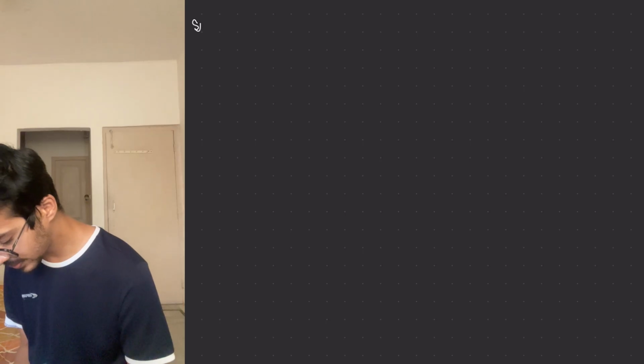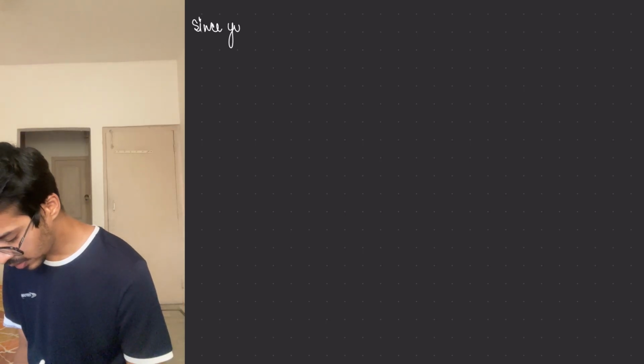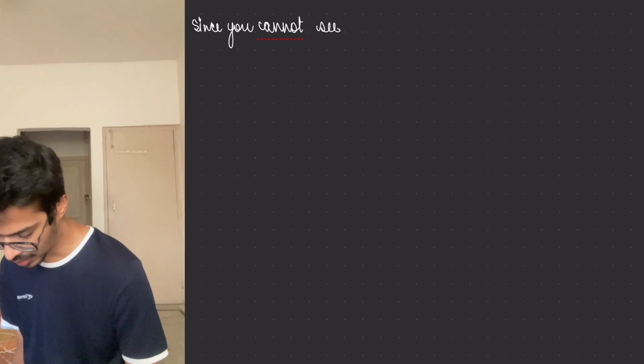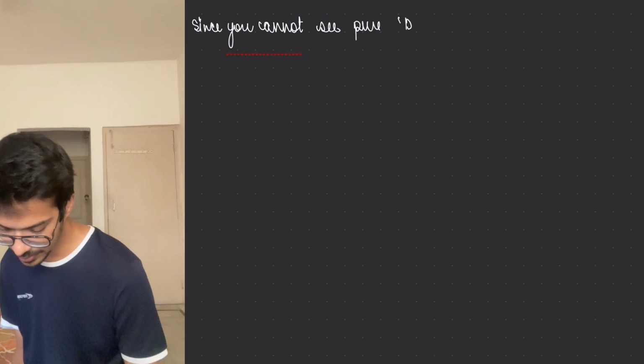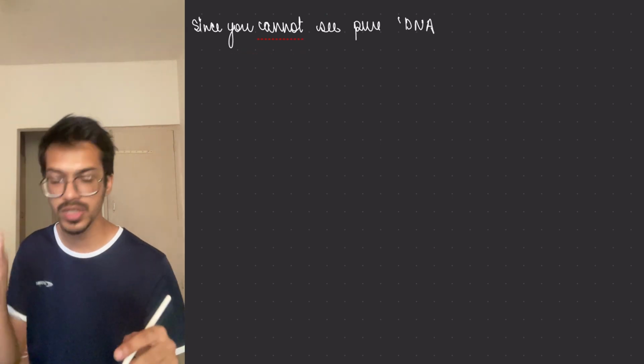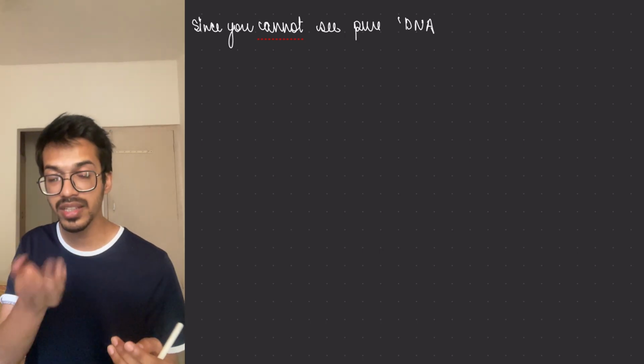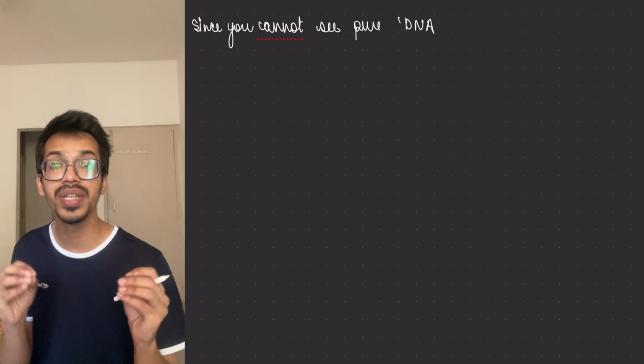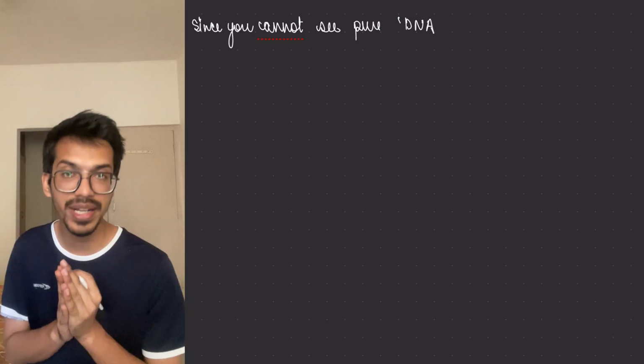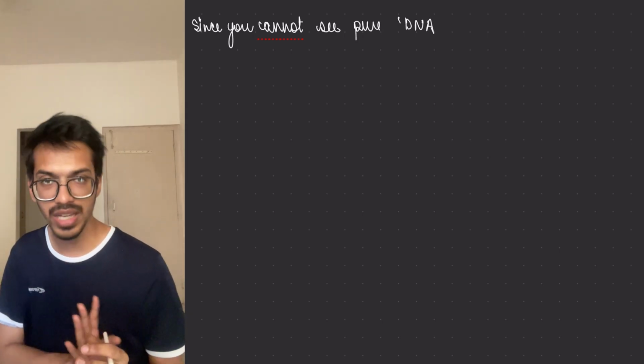Since you cannot see pure DNA, first we have to make sure that we can see it. We put a staining on it, and then we see it under UV light, and there it appears bright orange in color. So this thing we are going to write here.